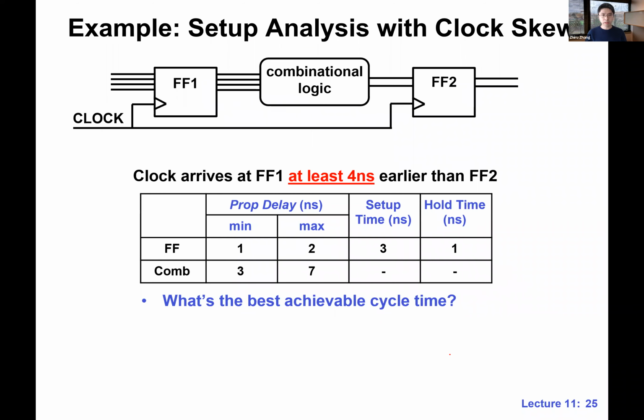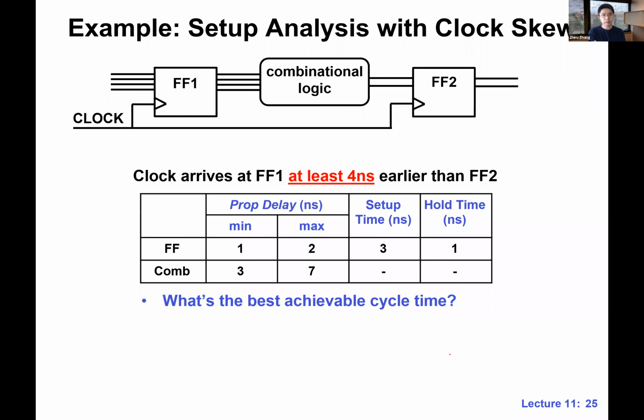All right, so real quick, maybe just one more minute, for you guys to do one more exercise before we go. Here's the setup. FF1 sees the clock at least 4 nanoseconds earlier than FF2.